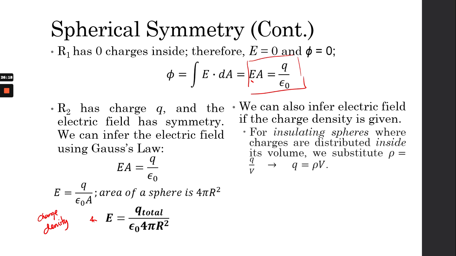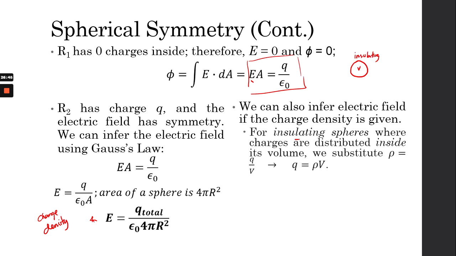For insulating spheres, where the charge is distributed inside its volume, we substitute rho is equal to Q over V. So remember, for an insulating sphere, the charge is found inside. So if you have a sphere with a charge inside, the charge is in terms of volume for insulating spheres.